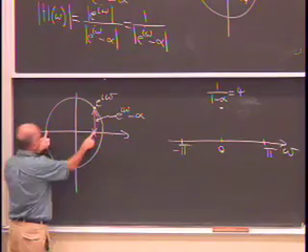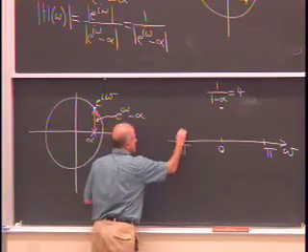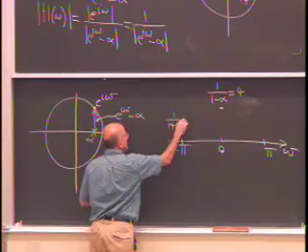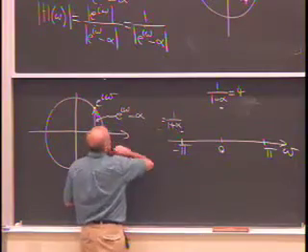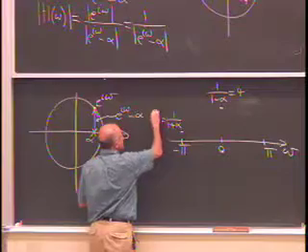What's the length of the vector? 1 plus alpha. And 1 over that is 1 over 1 plus alpha. And for our case, what is that number? 1 plus alpha, 1 plus 3/4? 7/4. So 4/7.